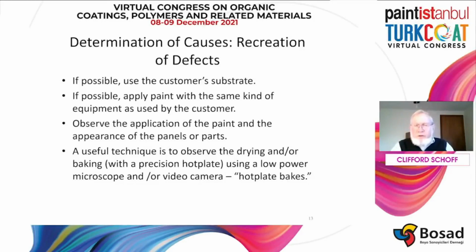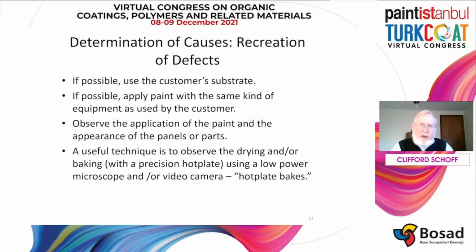Often it is useful to recreate defects. And we usually use panels that we buy, or in some cases you make them from steel or aluminum or wood. But if possible, use the customer's substrate.